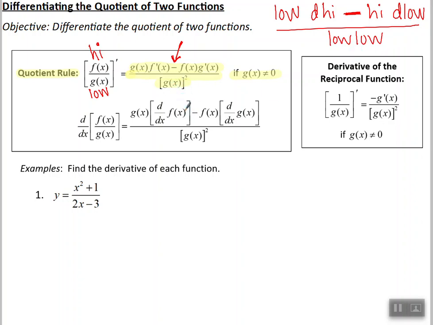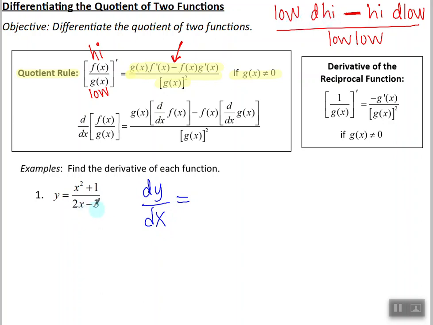Let's take a look at applying this quotient rule. Find the derivative of each function. 1. Y equals x squared plus 1 divided by 2x minus 3. This is a quotient of two functions of x. So when we do the quotient rule to get dy dx, we can think of low d high.